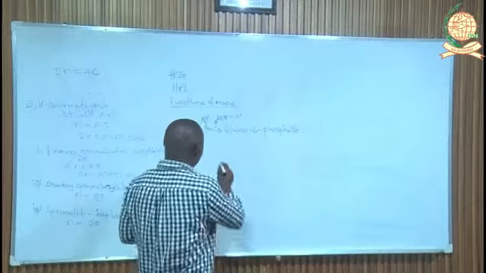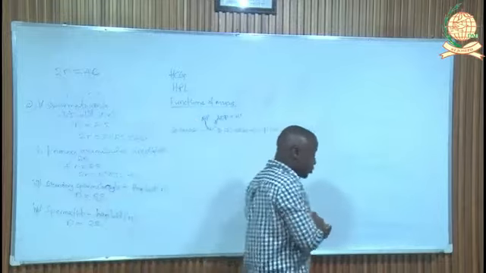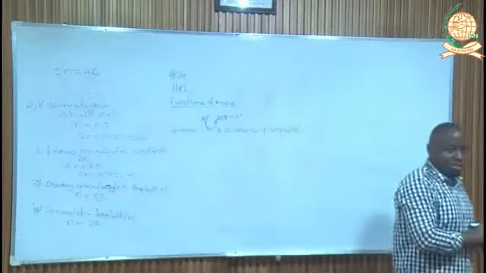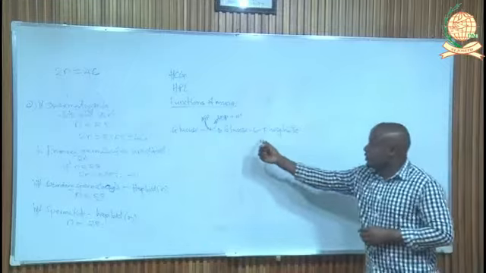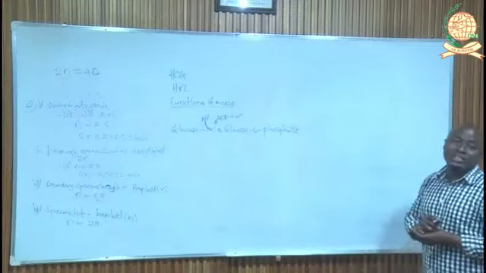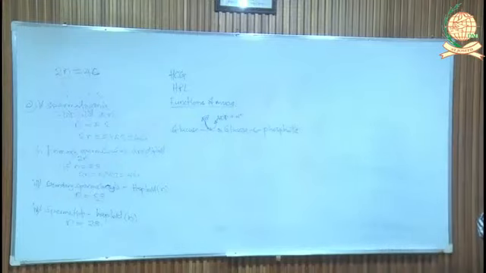So the glucose is phosphorylated to give glucose 6-phosphate using 1 ATP, and then the glucose 6-phosphate is isomerized to fructose 6-phosphate.